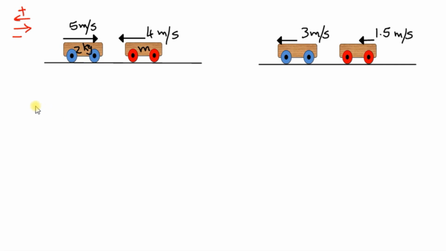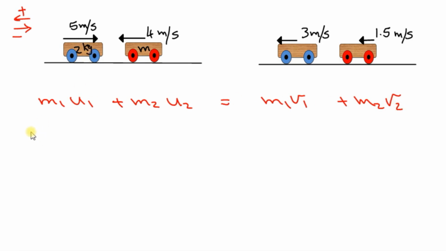So if I want to calculate the total momentum before the collision, m1u1 plus m2u2 equals m1v1 plus m2v2. The first mass is 2 times the first velocity is 5 to the right, and here we consider the right negative, so it's minus 5.